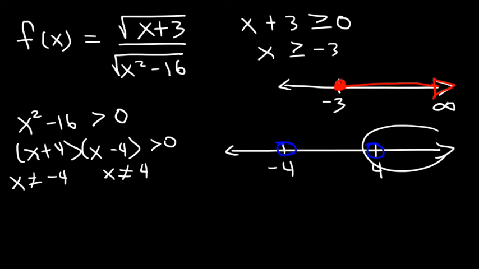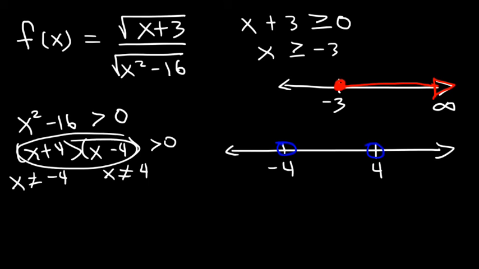Next, let me talk about this one. If I take any point after 4, this is satisfying the inequality. So between 4 to infinity, x plus 4 will be positive, and x minus 4 will also become positive. So positive and positive, it will become positive.